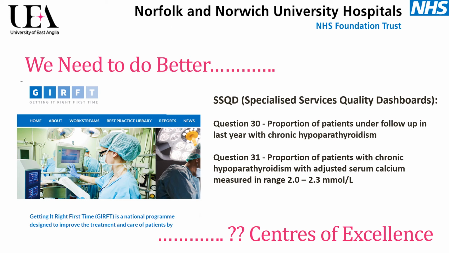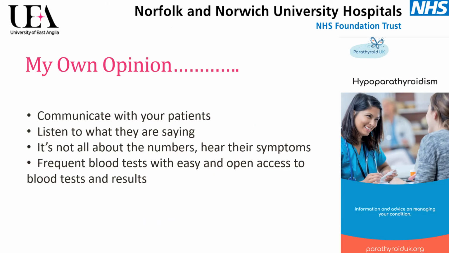And we also now have the SSQD, or Specialised Services Quality Dashboard, which again is another centrally administered quality control initiative. And within this, I'm pleased to say that there are now 2 questions specifically on the management of chronic hypoparathyroidism. So there are forces at play in the background to improve services.